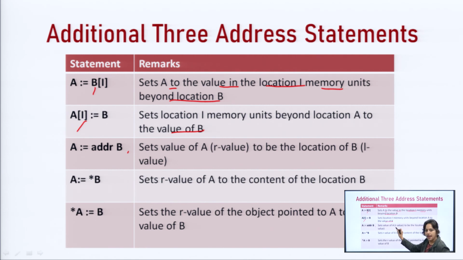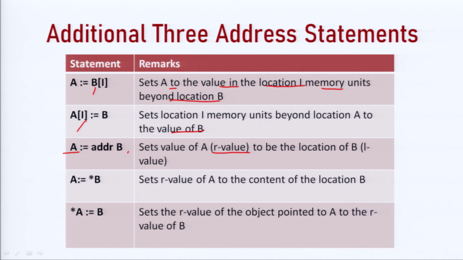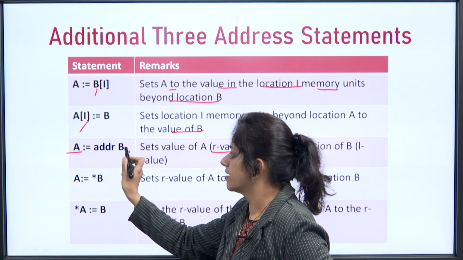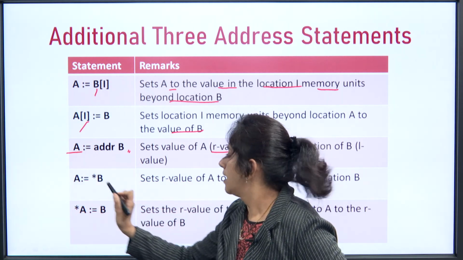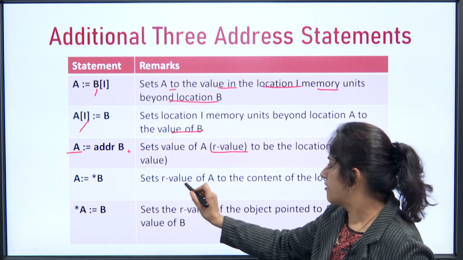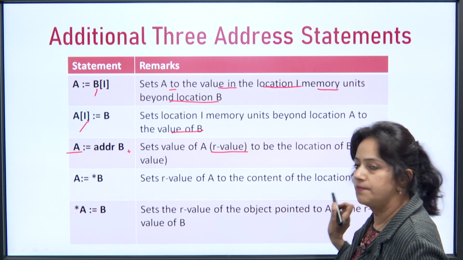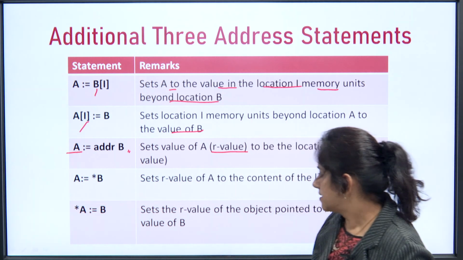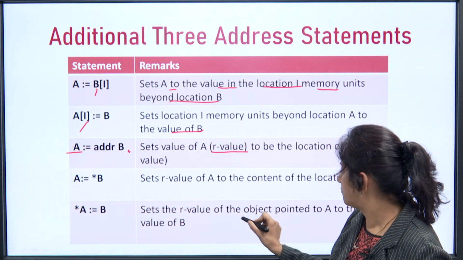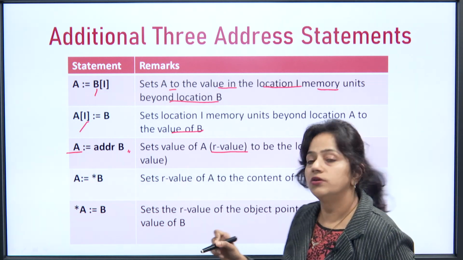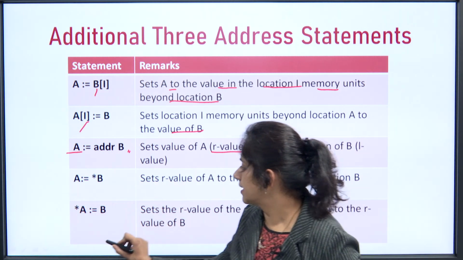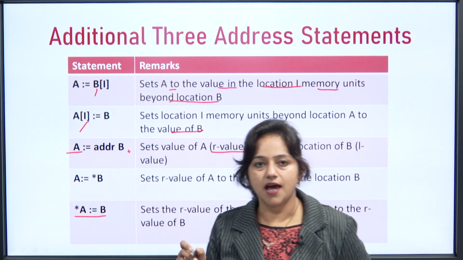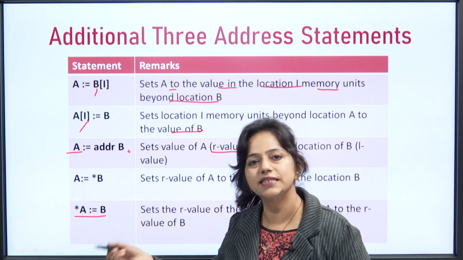It sets the R value of A to be the location of B. So, this L value, the address of B, will be stored in A. Now, suppose we want to set the R value of A to the content of location B. It will be written like this, A is equal to star B. Next, if we want to set the R value of the object pointed to by A to the R value of B, then it can be written as star A is equal to B, meaning pointer to A is equal to B.